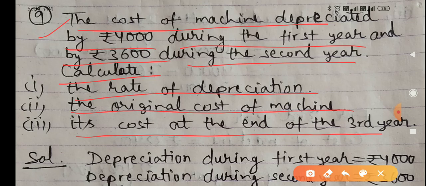In the last exercise, you studied one question of such type, and it is an application of compound interest. I told you that if the cost of a machine depreciates with the same rate every year or appreciates with the same rate every year, then with the help of compound interest, or you can say the simple interest formula, you can calculate the value or cost of the machine after every year.